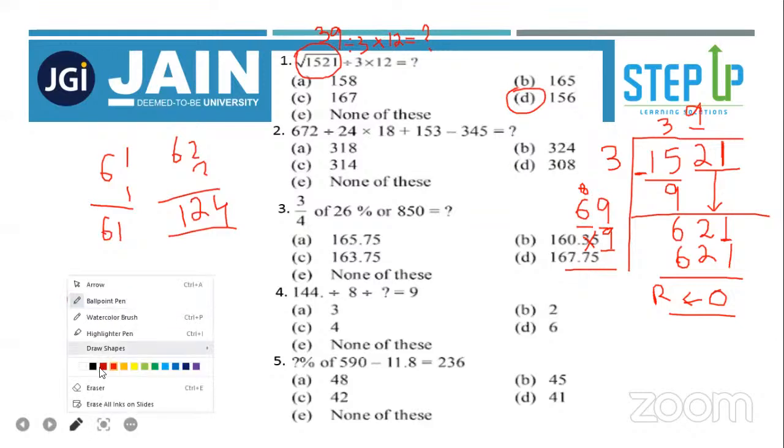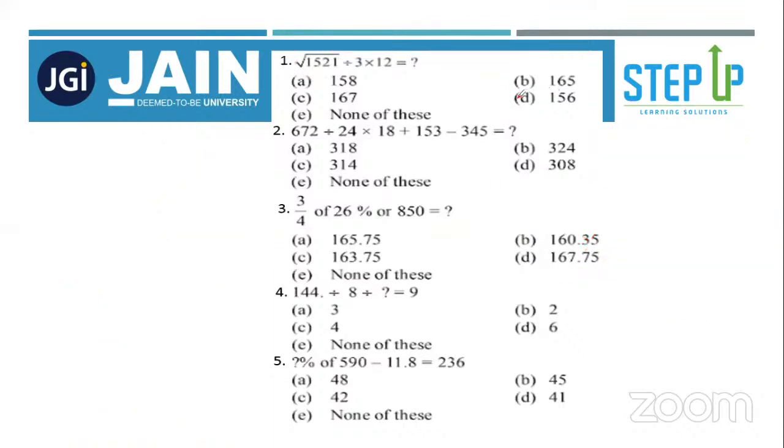Okay. Can I clear the screen? So 156. The next question, 672 divided by 24 times 18 plus. Now use the divisibility rule and tell me, 672, is it divisible by 6?